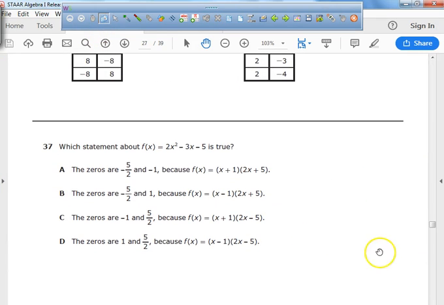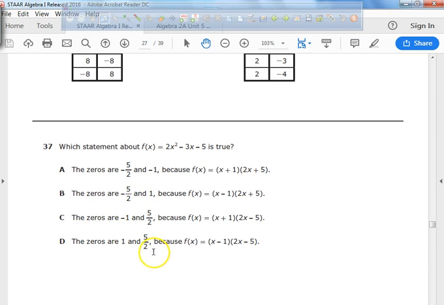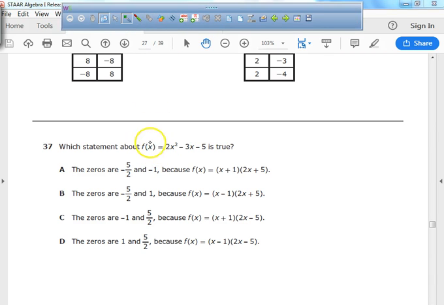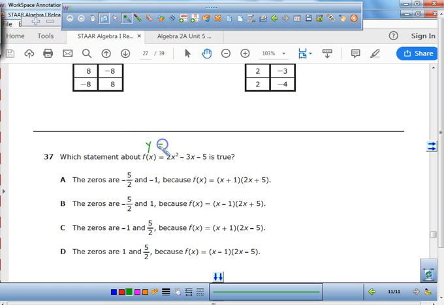Okay. Number 37. It says, which statement about this is true? So right now, you see where it says zeros? All we have to do is find the zeros of it. So by the way, let's use Desmos right here. Type this into Desmos. You don't even have to put f of x. You can put y equals, and just type in 2x squared minus 3x minus 5.